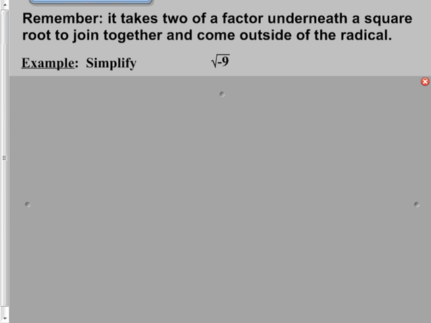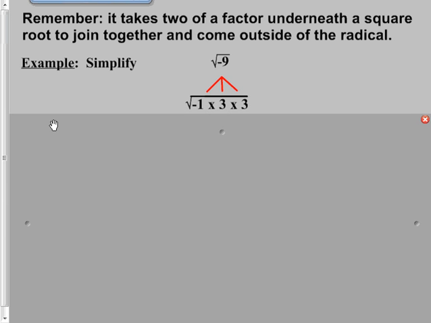So hopefully we've done things like the square root of 9 plenty of times before. In order to simplify the square root of positive 9, we know that 9 factors down into 3 times 3. But there's also a negative underneath that radical, so the way that we factor that is to consider the negative as a -1 that lives underneath the radical with the 9. So we have a -1 times a positive 3 times a positive 3. That is -9 factored.